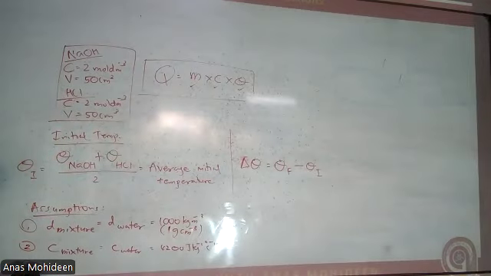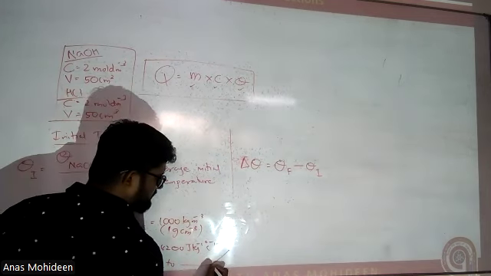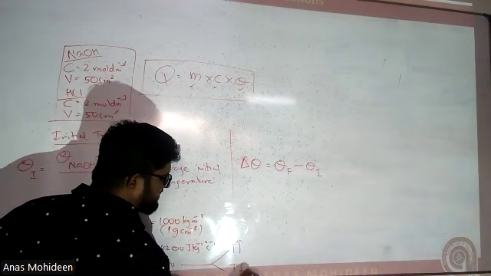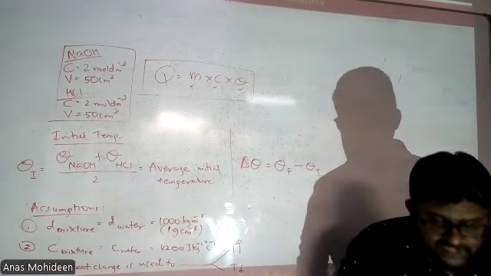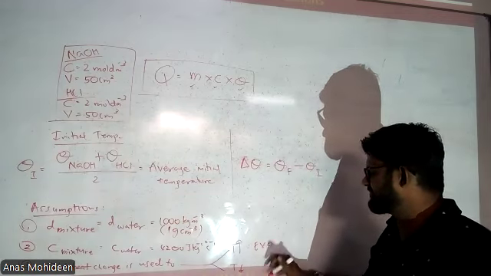What is the third assumption? There is no heat loss. So we say the total heat change is used to increase the temperature or else decrease the temperature. Any of them could be happening. If it is an exothermic reaction, it increases the temperature.